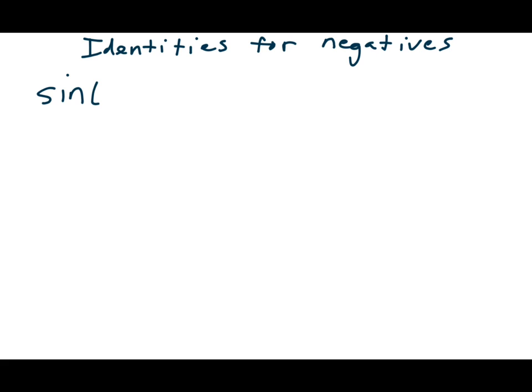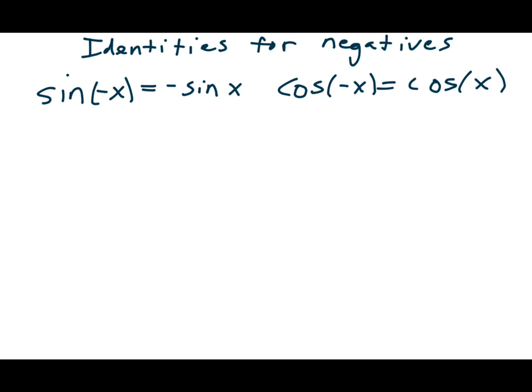Okay? Then we showed the identities for negatives. Sine of a negative x is equal to negative sine of x. Cosine of negative x is just equal to cosine of x.